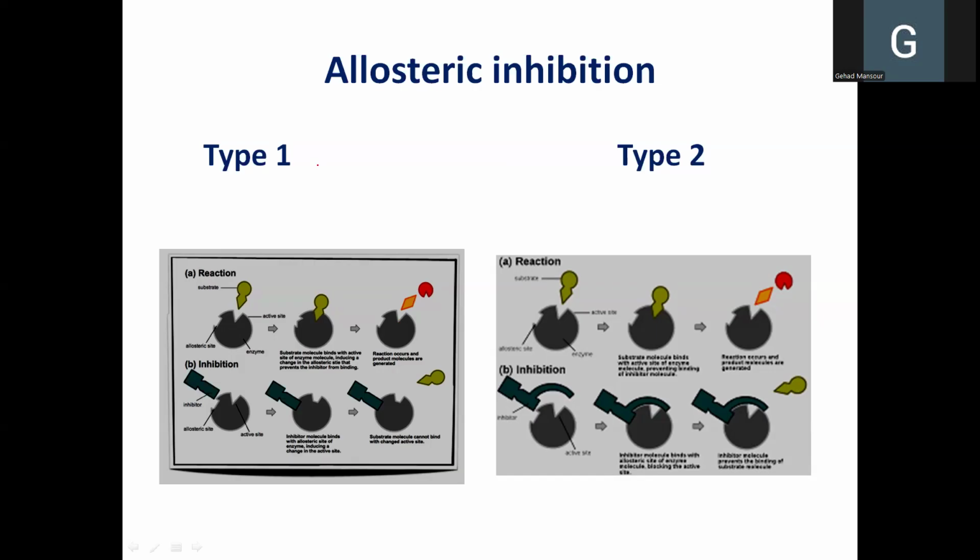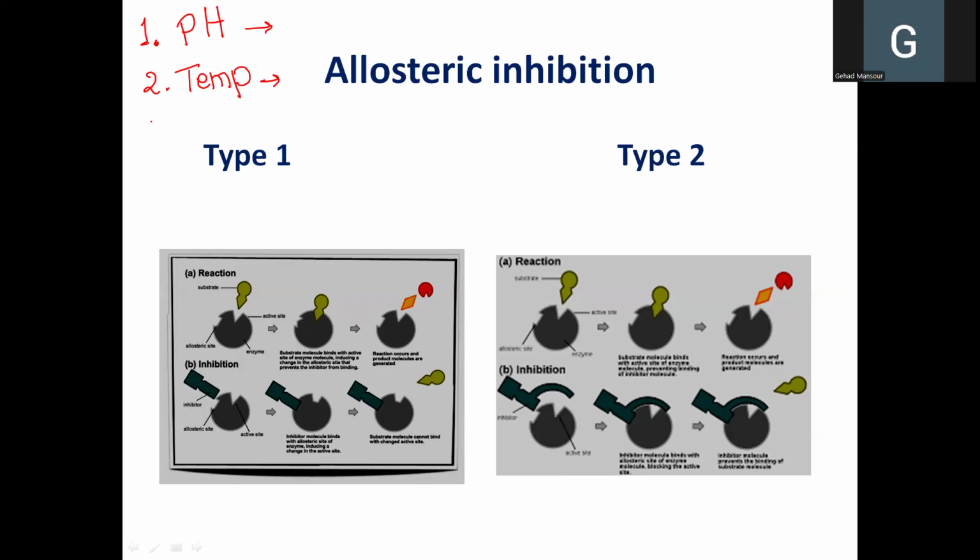Of course, I remind you that we are discussing the factors affecting enzyme activity. So we talked about pH, number 1. We talked about temperature, number 2. And the effect, of course, of pH and temperature was variable according to the value of temperature or the value of the pH.